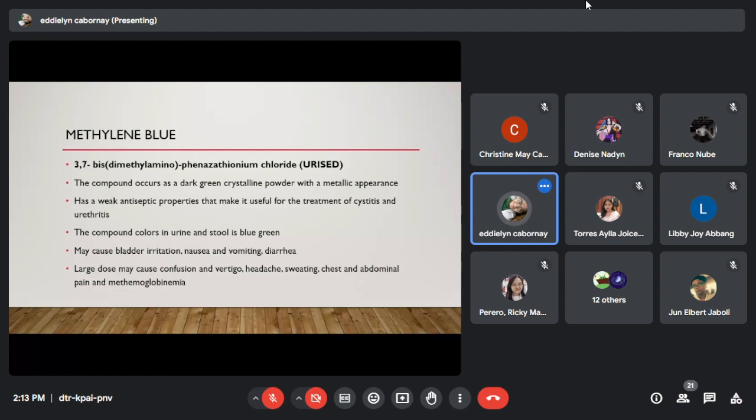The compound colors urine and stool blue-green. So if you ingest methylene blue, your urine and stool could be blue-green.